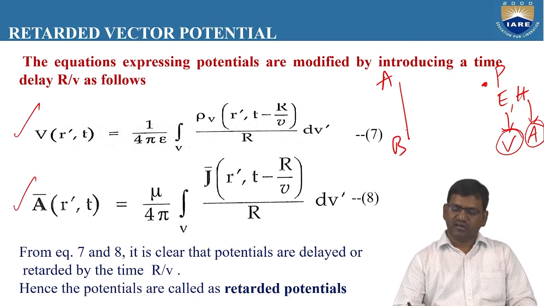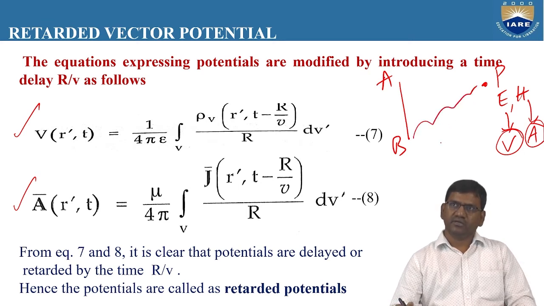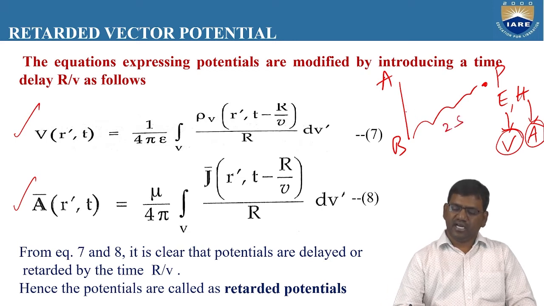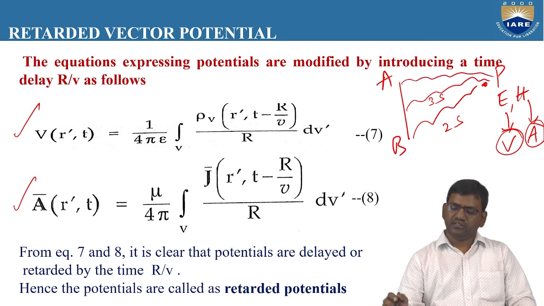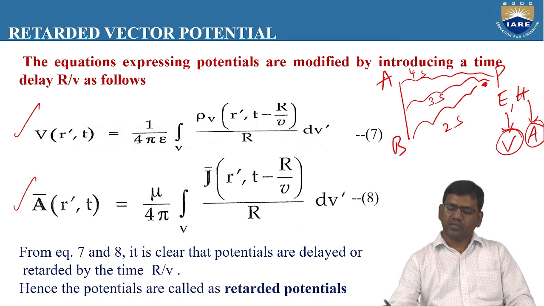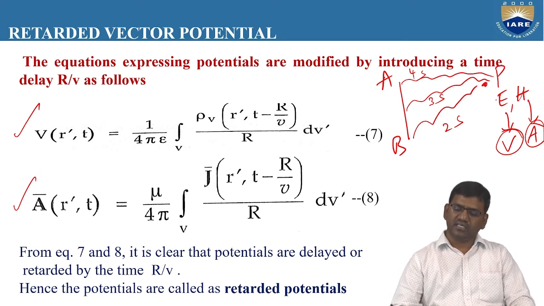That means one electromagnetic wave will reach the distant point P after 2 seconds. This is one effect. Another electromagnetic wave will reach point P after 3 seconds, and another after 4 seconds. So to find the total potential at point P, we need to consider all these effects produced by the current element AB and reaching point P after 2 seconds, 3 seconds and 4 seconds.